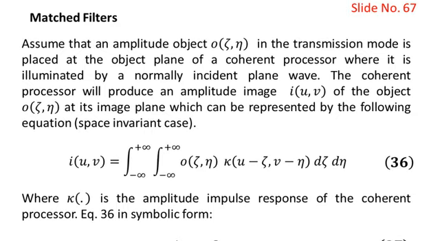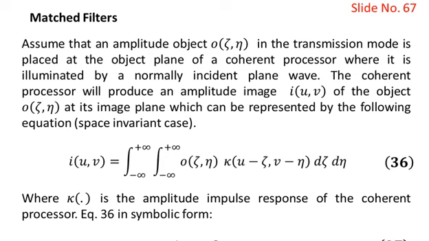So the imaging equation we are writing is I at the coordinates u and v, which are the image plane coordinates, is equal to the double integration over the object O at the zeta eta plane multiplied by kappa with coordinates as a difference of coordinates, u minus zeta comma v minus eta, and the integration is with respect to d zeta and d eta, as shown in equation number 36.